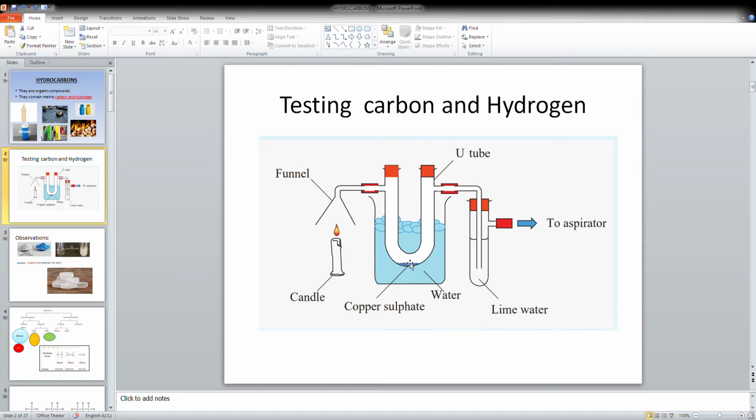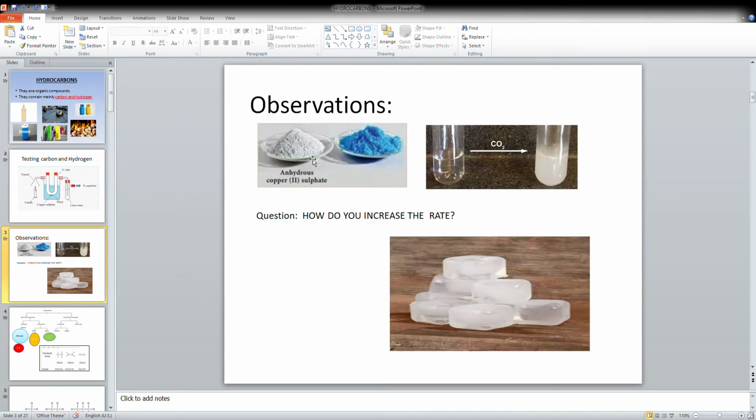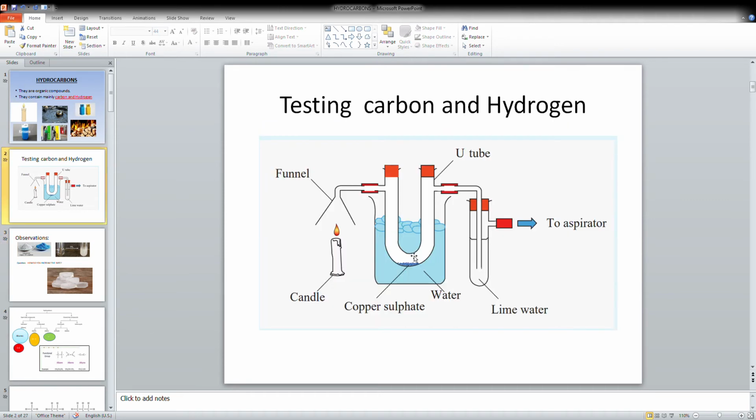If water is coming, the colorless anhydrous copper sulfate converts into hydrated copper sulfate, so it becomes blue in color. Initially colorless, it absorbs water and becomes blue. It means water is present.